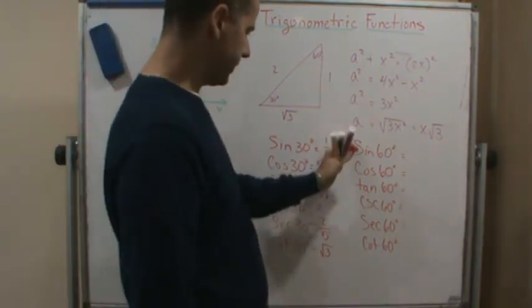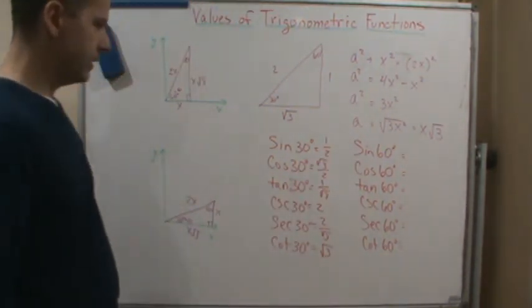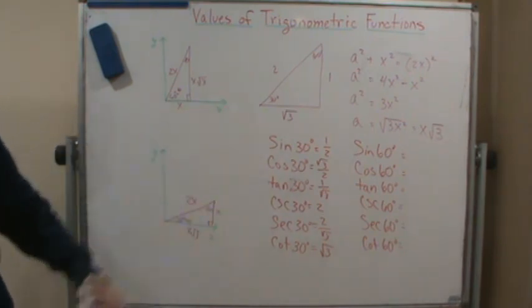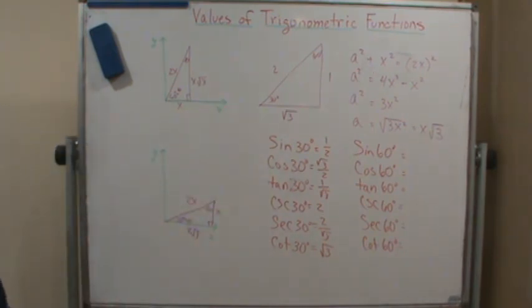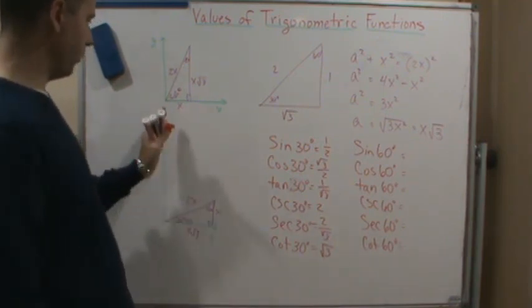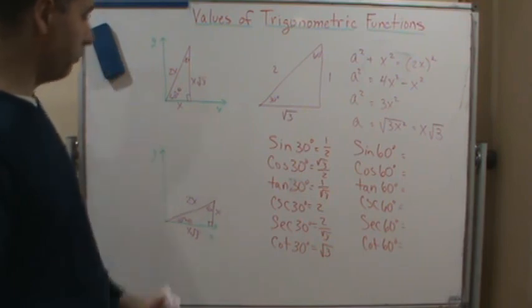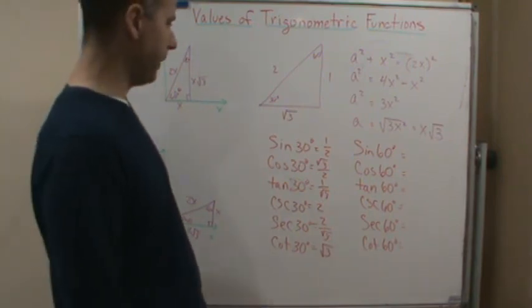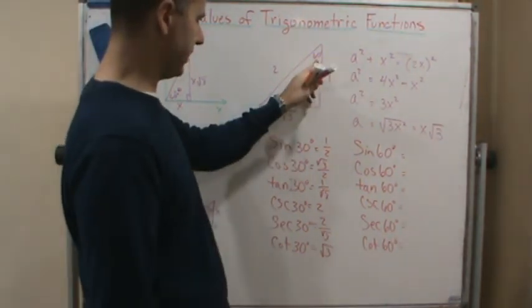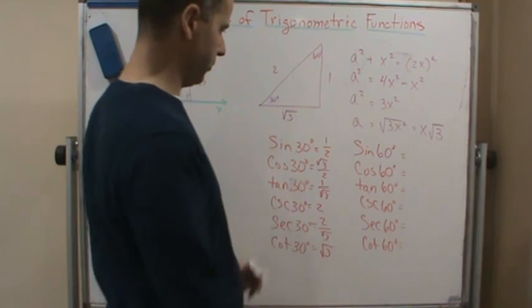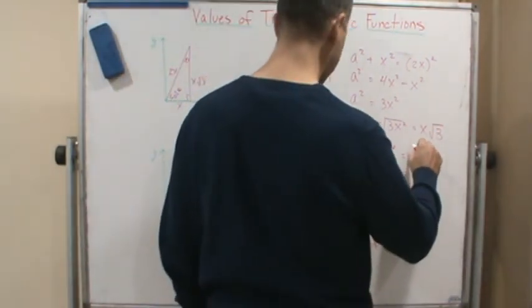Now, the trigonometric functions evaluated at 60 degrees are very similar, except now your reference angle is 60 degrees. So the sine of 60 degrees is opposite over hypotenuse, so this is going to be square root of 3 over 2.